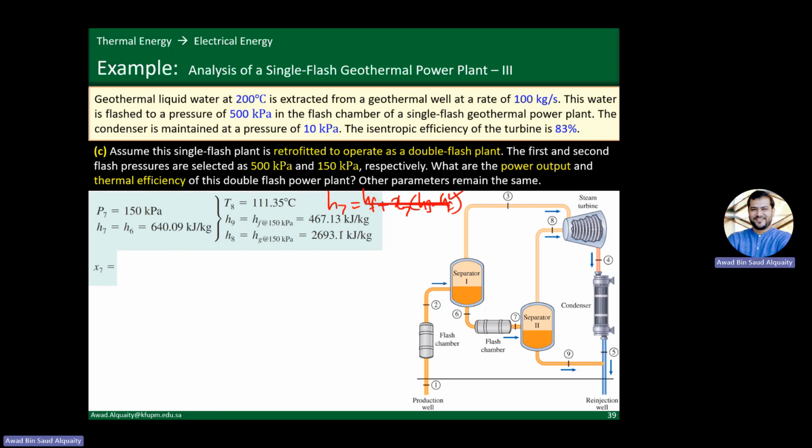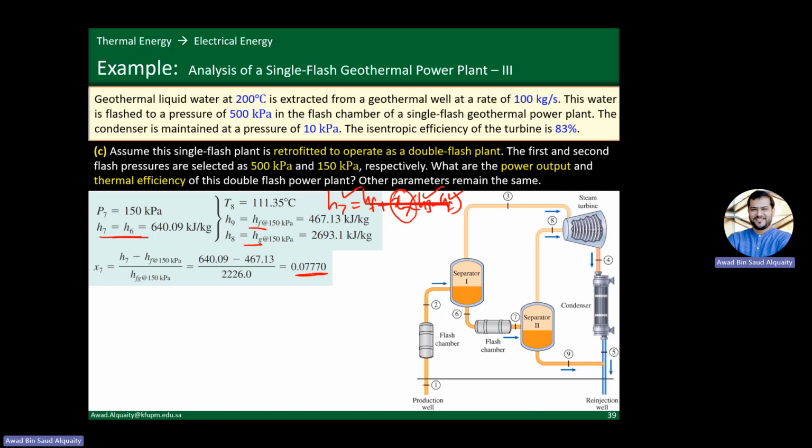So we have HF here, we have Hg here, and H7 is something that we already know because H7 is equal to H6. So the only unknown is X7, the quality at state 7, and we can rewrite the equation that I just wrote here in this form and then plug in the numbers to get the quality. So the quality here is much smaller.